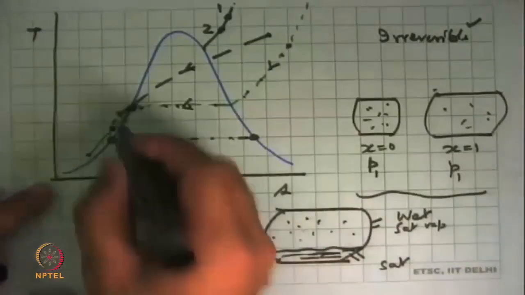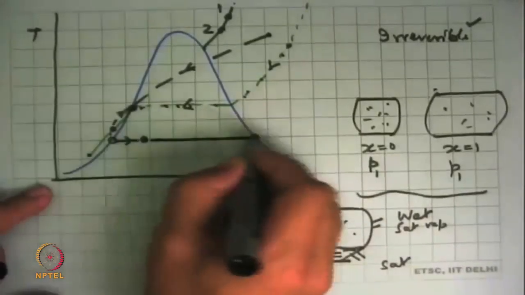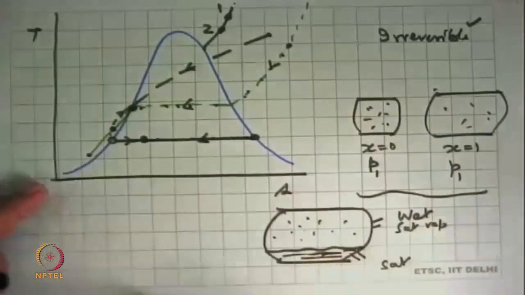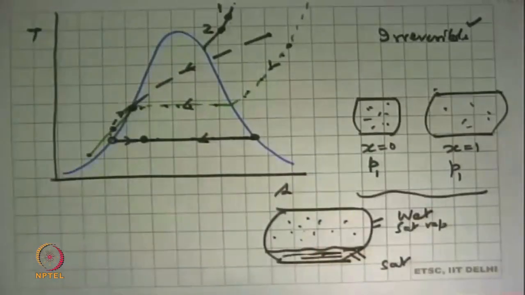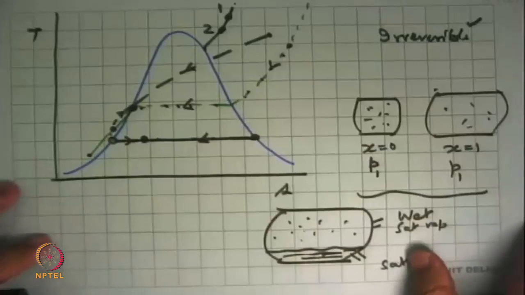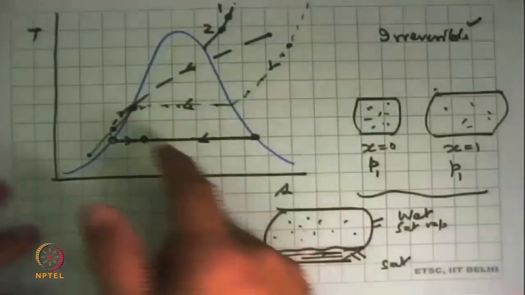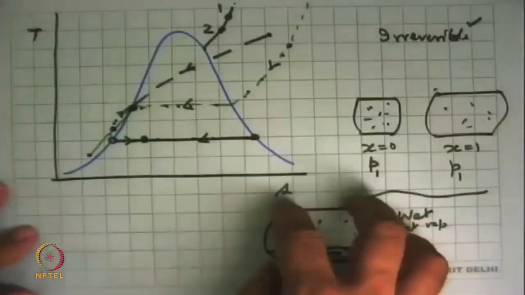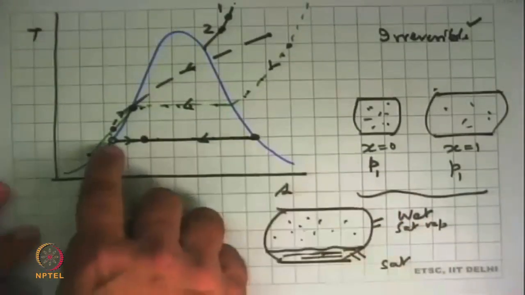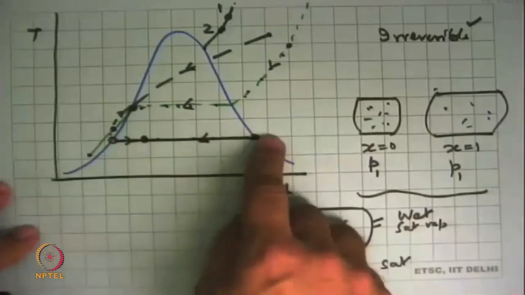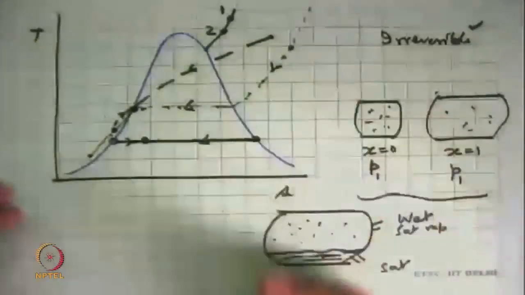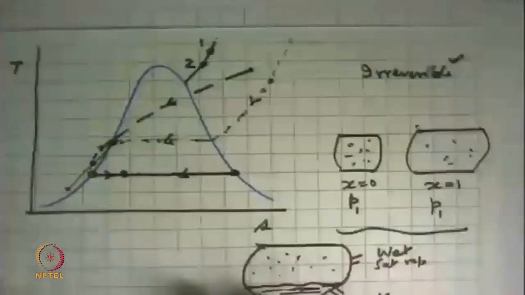In some sense, this mixing of saturated states is a reversible process. Okay, it doesn't produce a new state in the sense that pressure and temperature are different, but we just produce a mixture where the proportion of saturated liquid and saturated vapor are different. So that was about the mixing of saturated states.